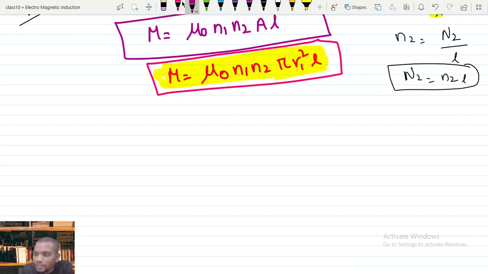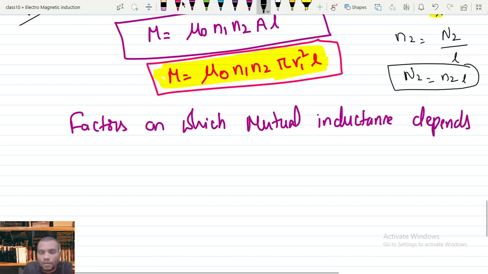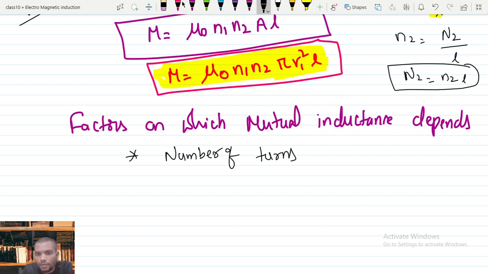So, the factors on which mutual inductance depends. This is a very important concept. The first one is the number of turns. Mutual inductance is directly proportional to N1 and N2.